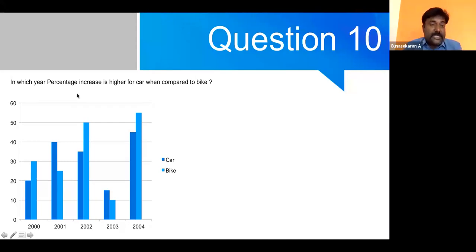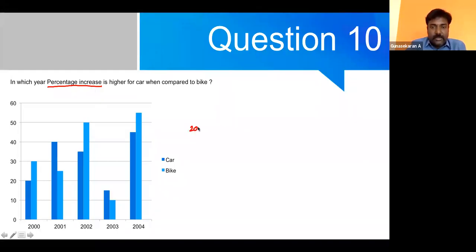Then, which year is the percentage increase higher for car when compared to bike? Anyone? Whenever they are asking increase or decrease, we have to compare.